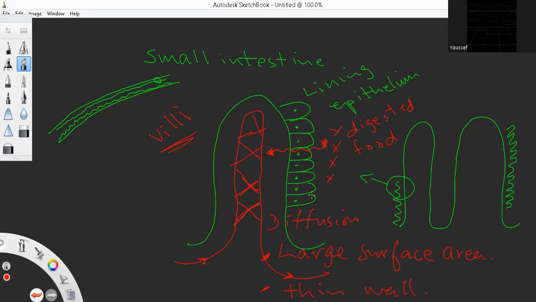This wall is one cell layer. You understand? The wall of the small intestine is a one cell layer thick. So it is easy for the digested substances to diffuse inside the blood. Understand?